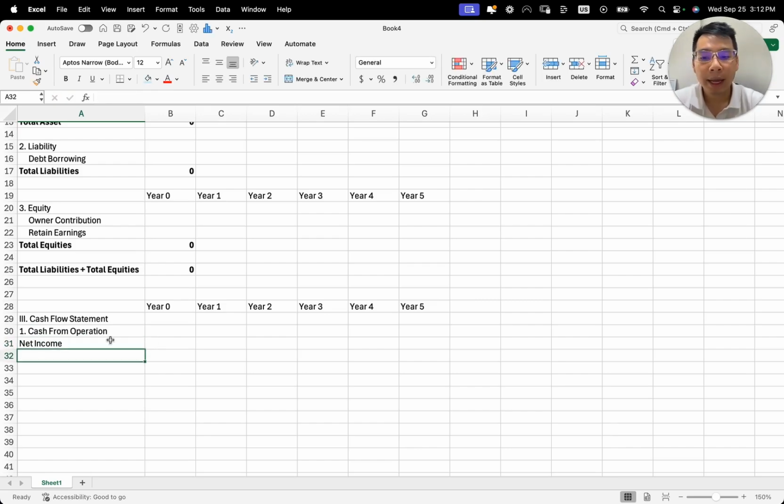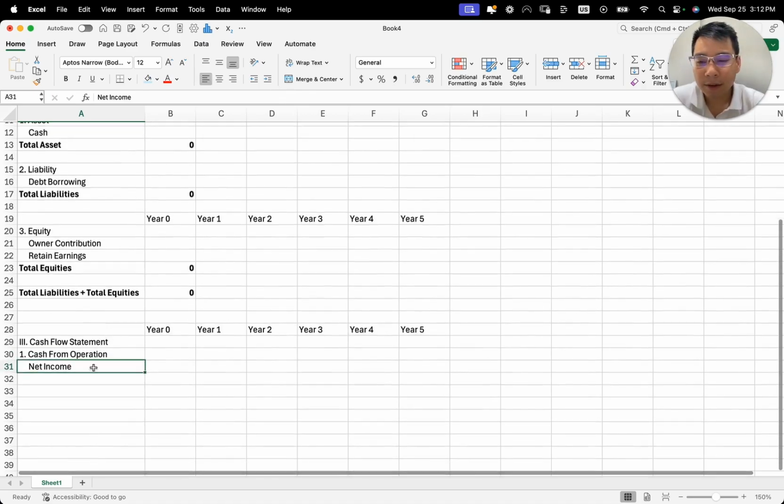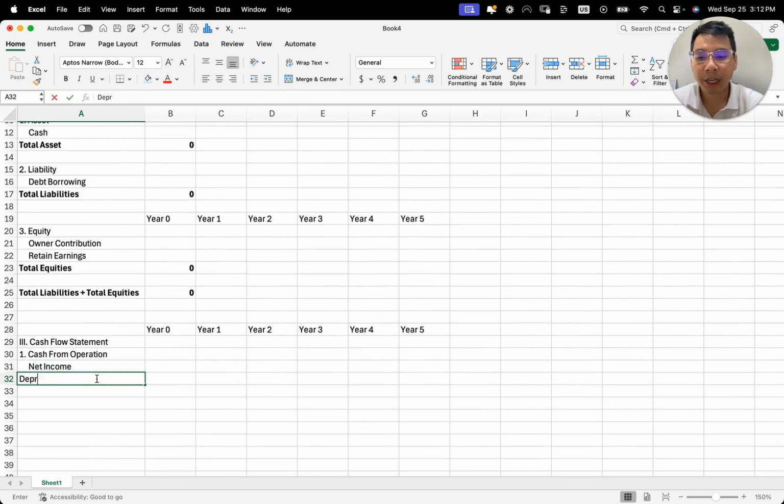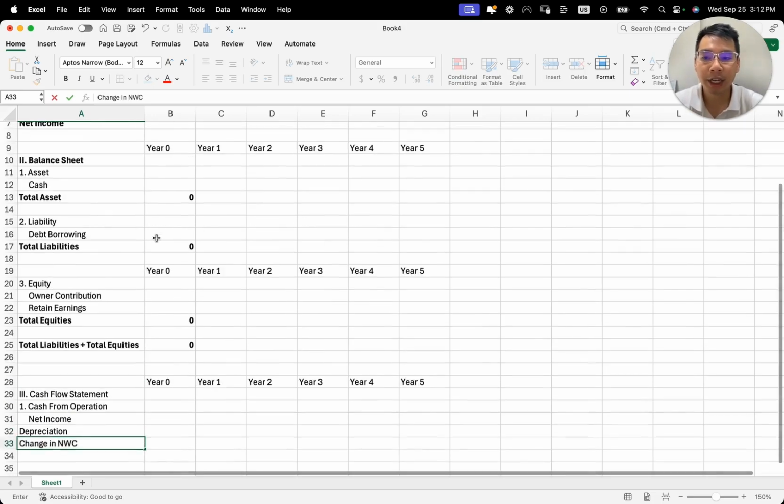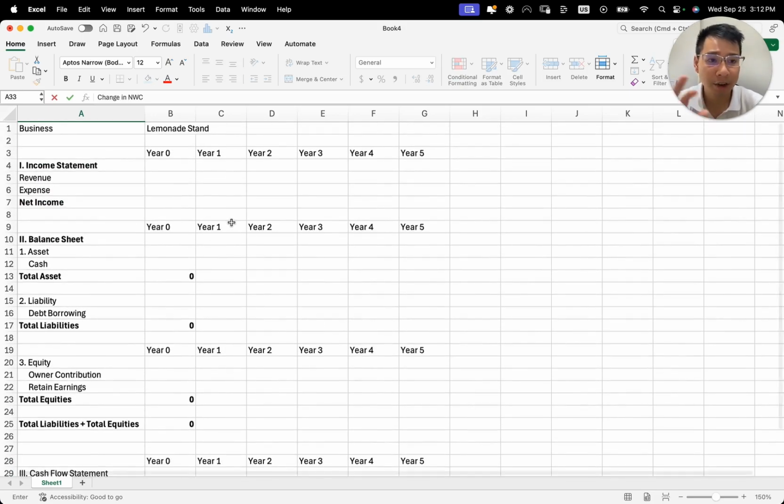In detailed finance classes, you will have depreciation, which you also add into the cash from operation, and change in net working capital, which is the change in current assets and current liabilities over the period.